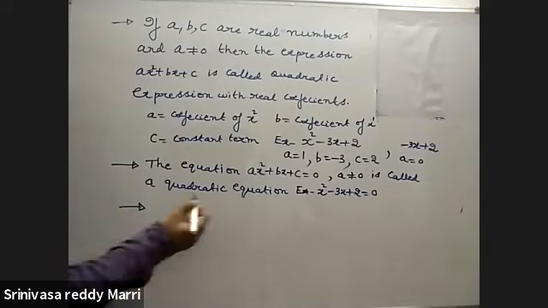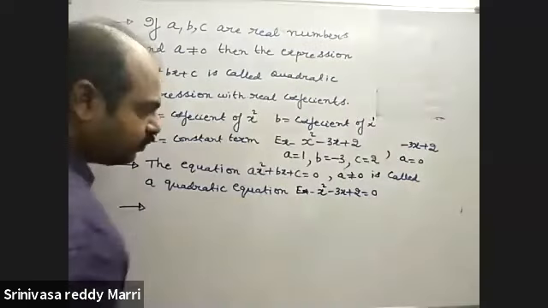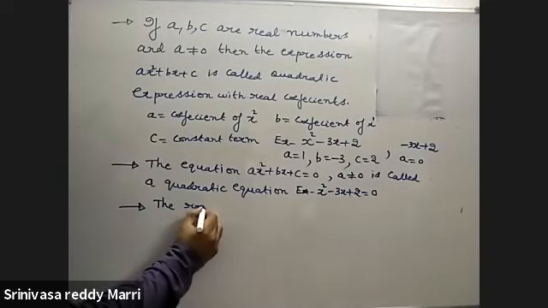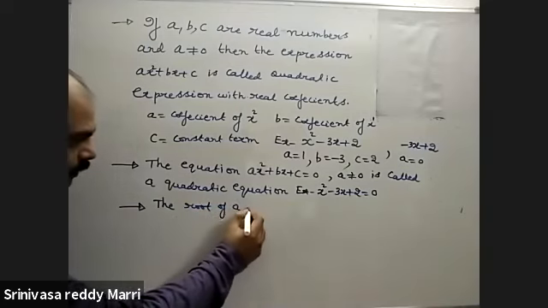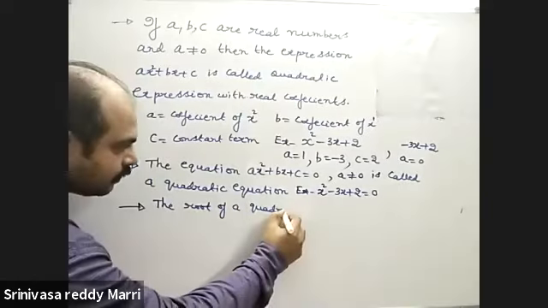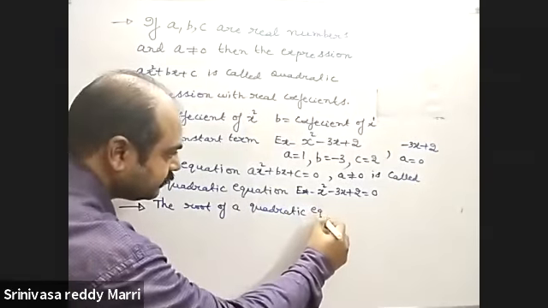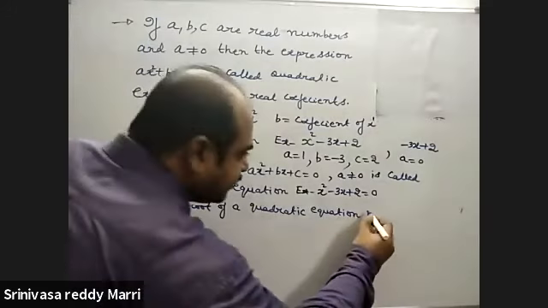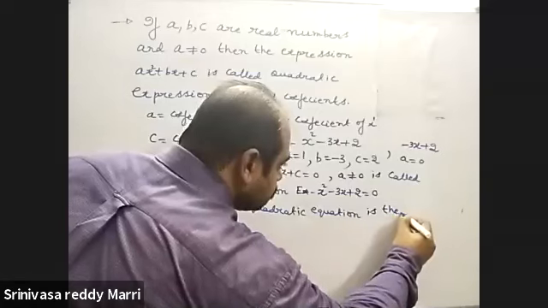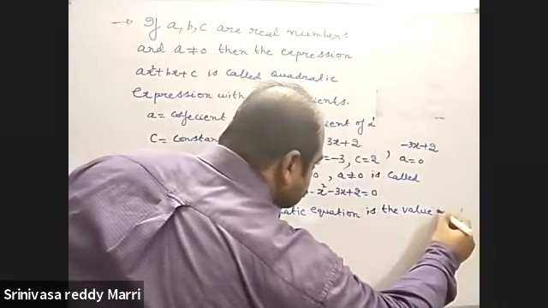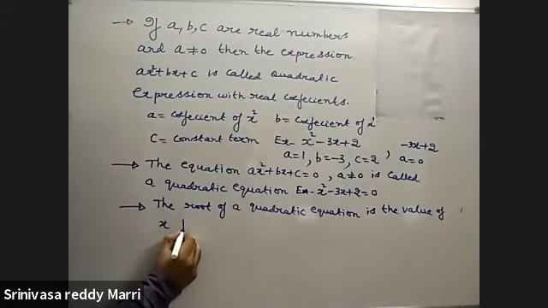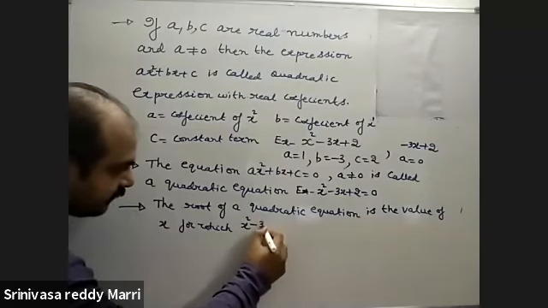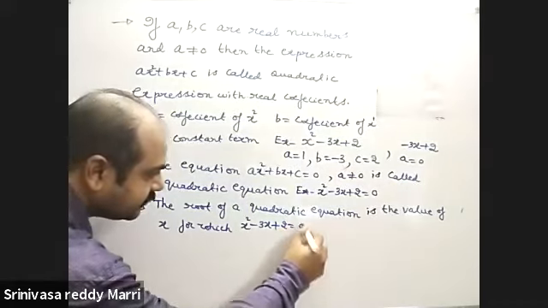Now, roots. What is meant by the root? The root of a quadratic equation is the value of x for which x square minus 3x plus 2 equal to 0.